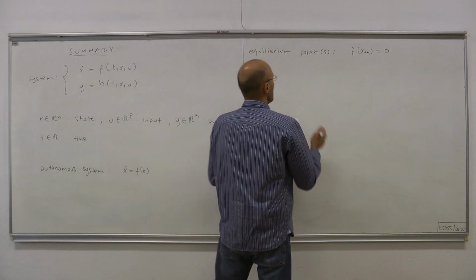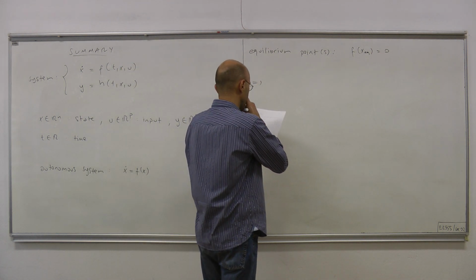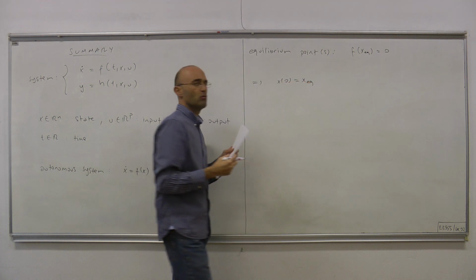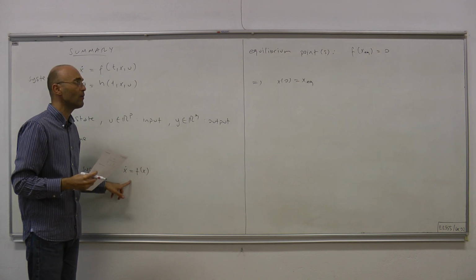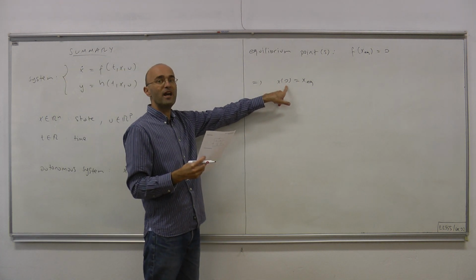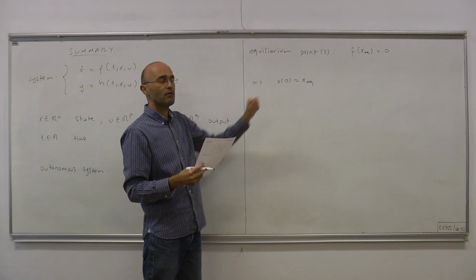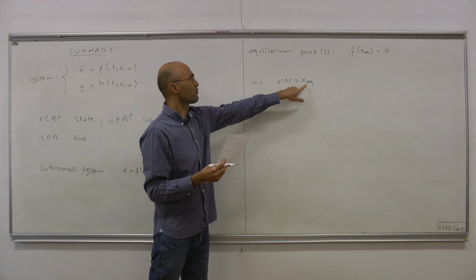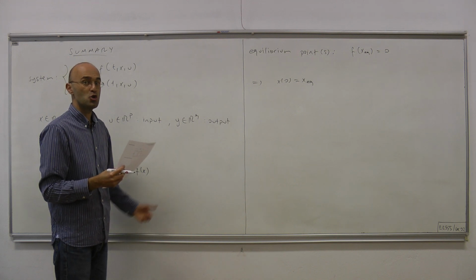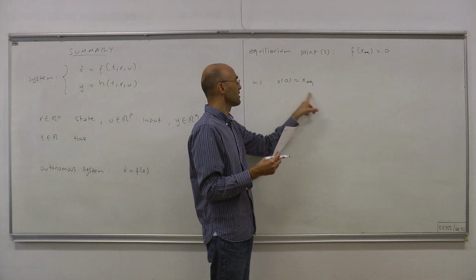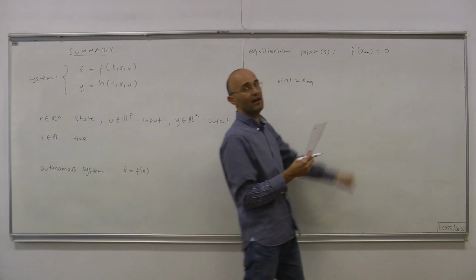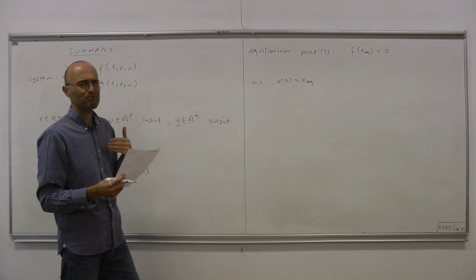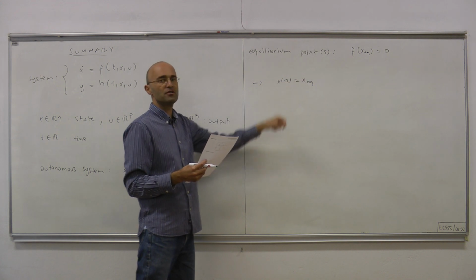Okay. Note that if you start your system from the equilibrium point, we're talking about an autonomous system now, therefore all you need to be able to determine the future of the system is the initial condition. If you start your system from the initial condition xeq, such that this vector satisfies that equation, then it's clear that you will stay at that point for all future times.